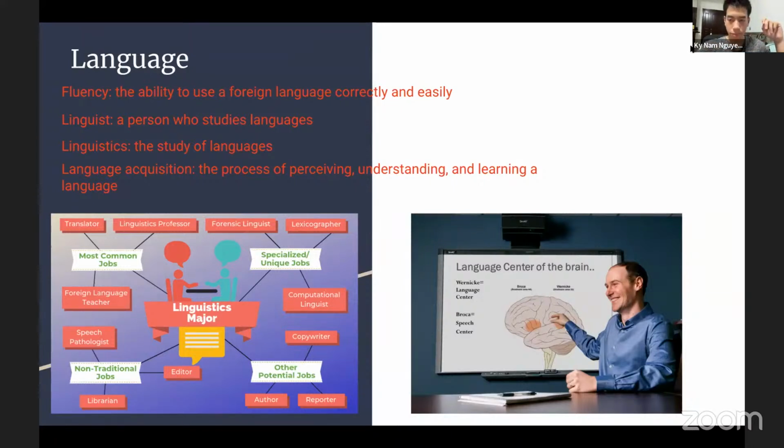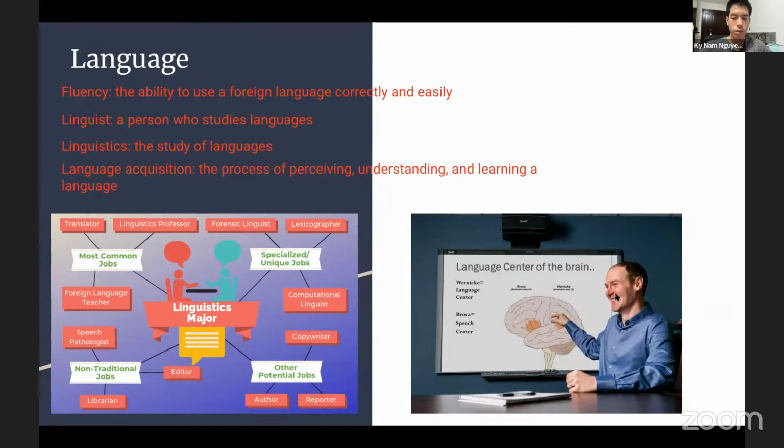Anyway, let's see. Next after that, we have fluency, which is basically your ability to use a foreign language correctly and easily. That is your fluency, and also how articulate you are. After that, you have a linguist, which is a person who studies languages.